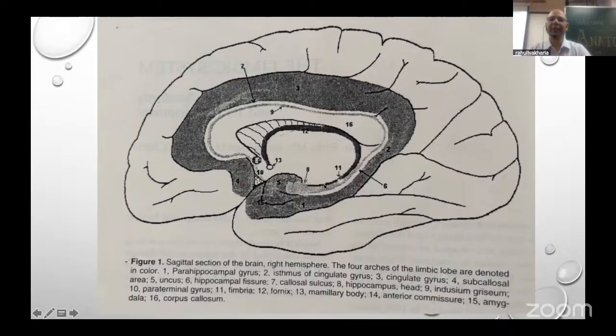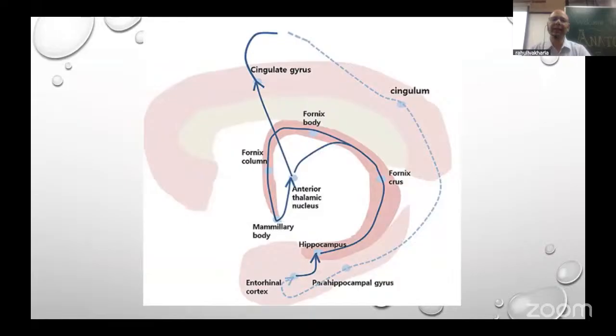This is the hippocampus, which continues into the indusium griseum and again ends in the septal area. This is the fornix, the dark line, which continues below the corpus callosum and ends in the mammillary body. So these are the curves of the limbic system that we see, and everybody must have heard about the Papez circuit, how it functions.